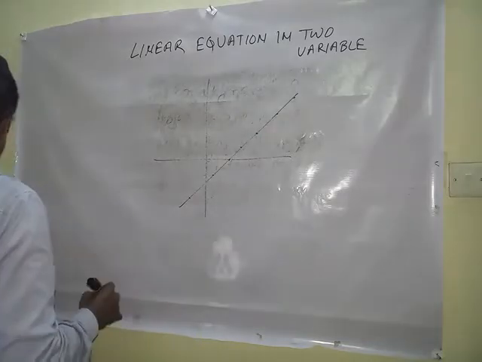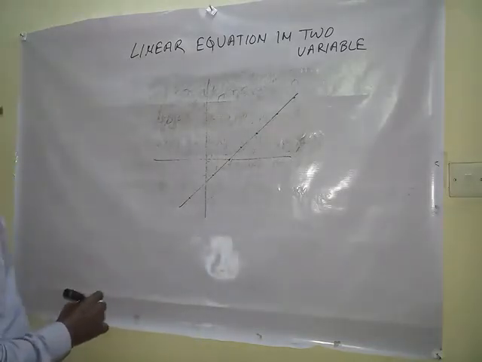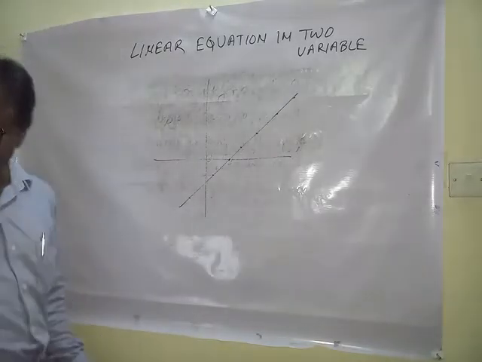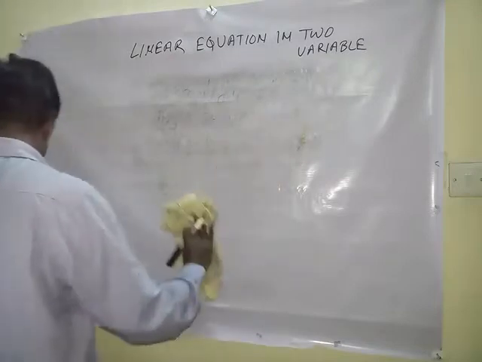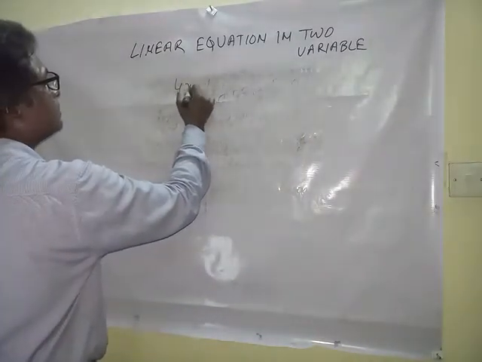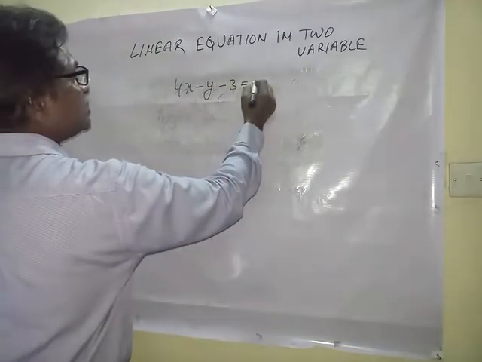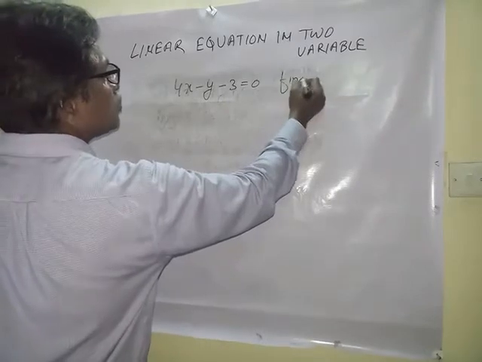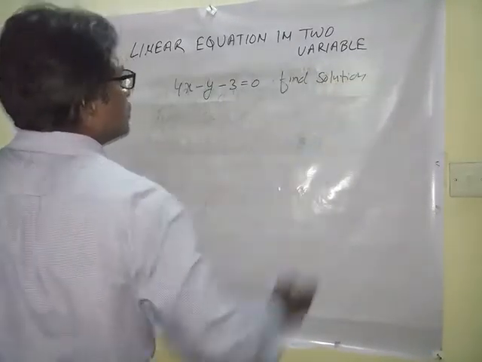Now how do you find the solution to a linear equation? Suppose you have been given an example, 4x minus y minus 3 is equal to 0, and you have been asked to find a solution.